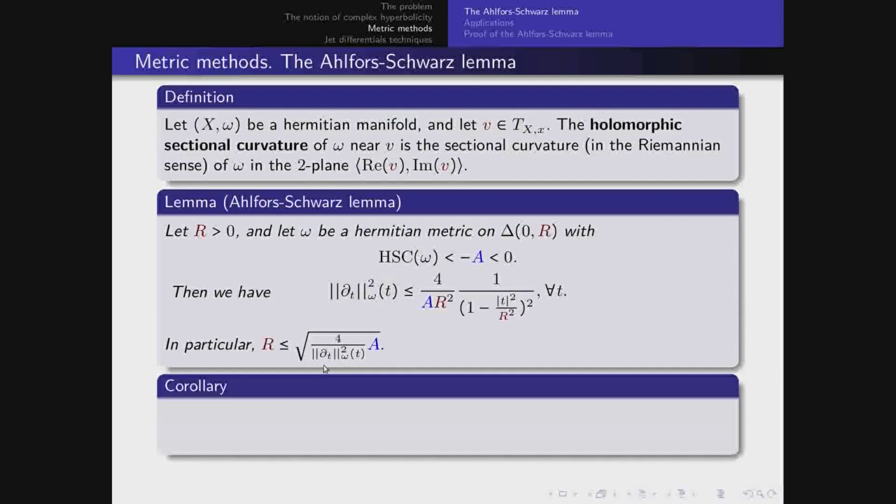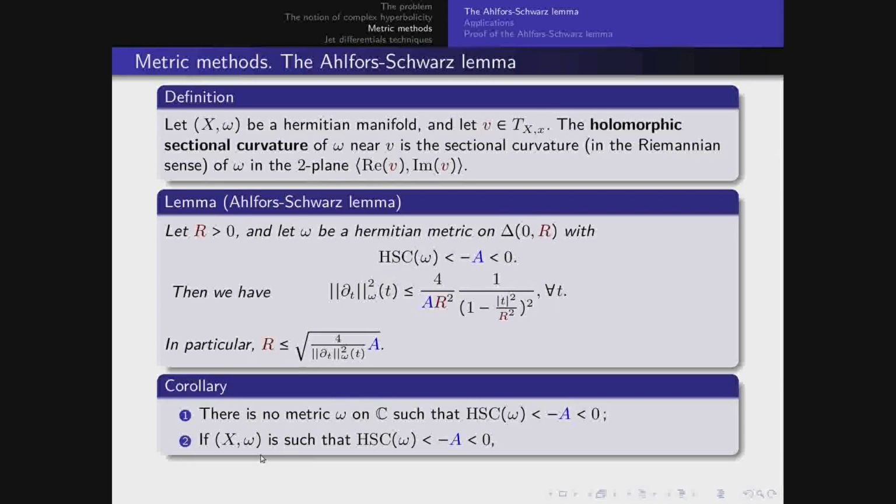As a consequence, there is no metric on the whole plane satisfying the same inequality as here. Simply, if you had such a metric on C, then you would be able to contradict the Ahlfors-Schwarz lemma by taking a sufficiently large disk based at the origin inside C.